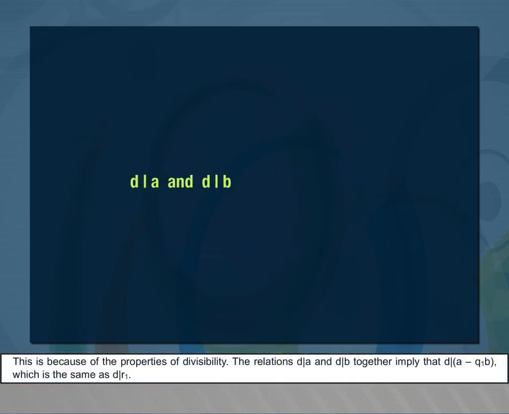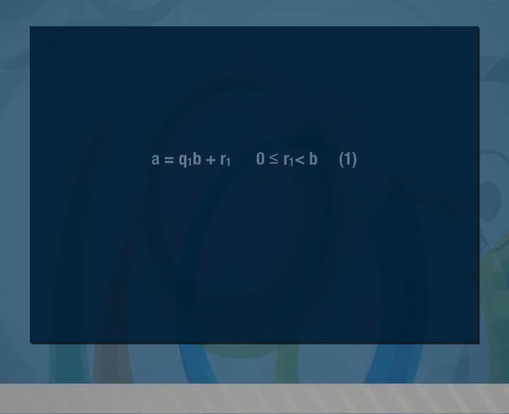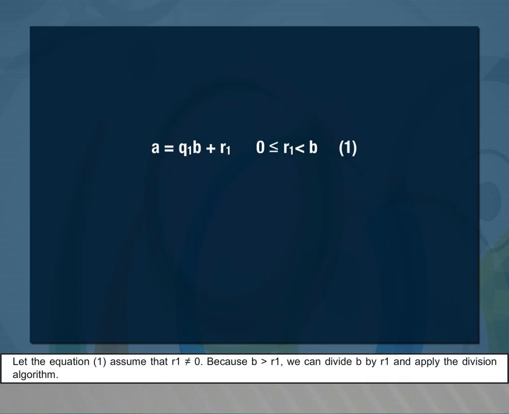This is because of the properties of divisibility. The relations d divides a and d divides b together imply that d divides a minus q1 into b, which is the same as d divides r1. Let equation 1 be a is equal to q1 b plus r1, 0 less than or equal to r1 less than b.